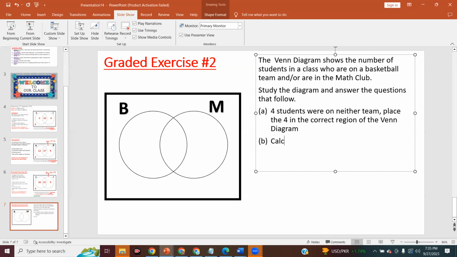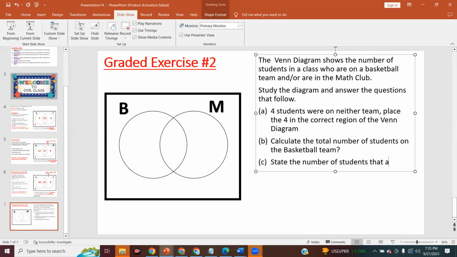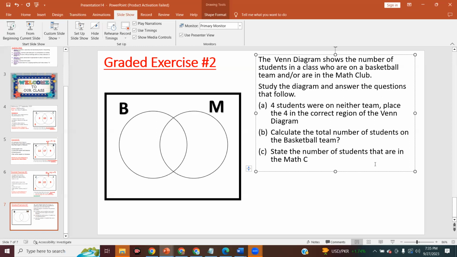B, calculate the total number of students on the basketball team. C, state the number of students that are in the math club only.